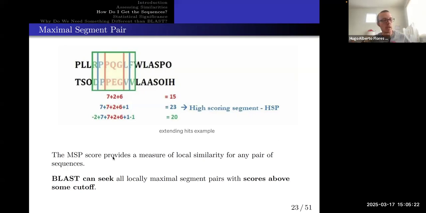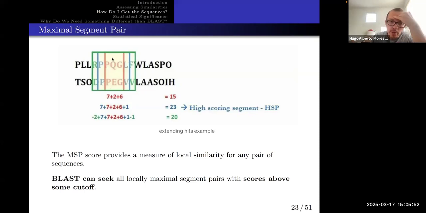So as you can imagine, if the algorithm tries to check all these very small pieces, it may take a very long time. So what BLAST is trying to do is to find these short pieces that we describe as a pair.